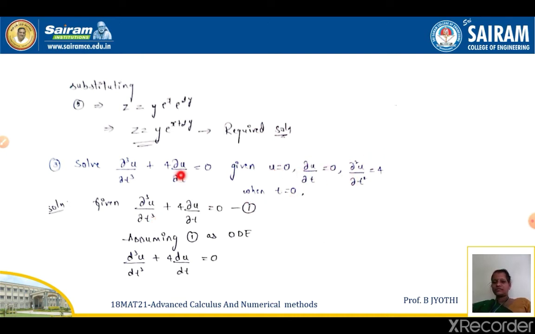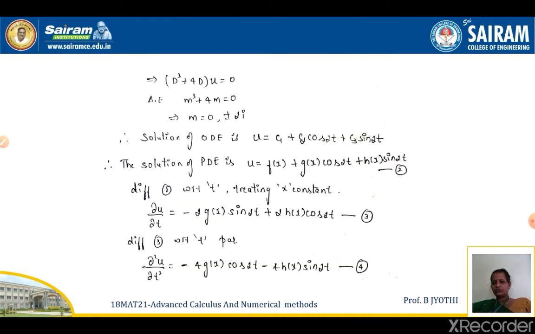Now let's assume the equation, and this is an ordinary differential equation. We get d cube u by dt cube plus 4 du by dt is equal to 0. So D cube plus 4D of u is 0, or m cube plus 4m is equal to 0, and you can take m common.